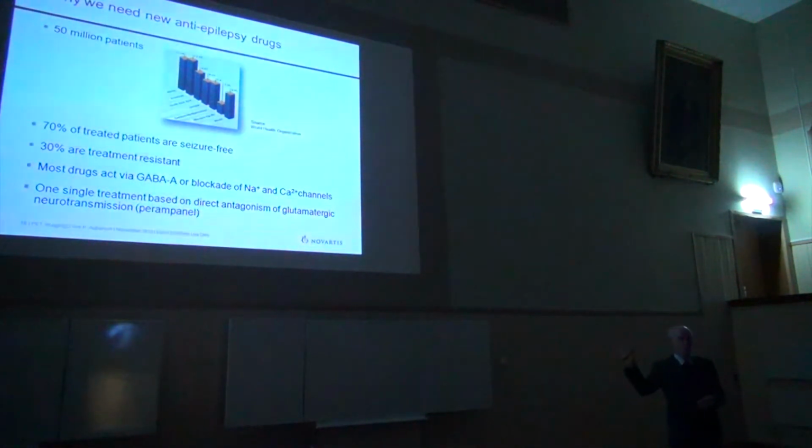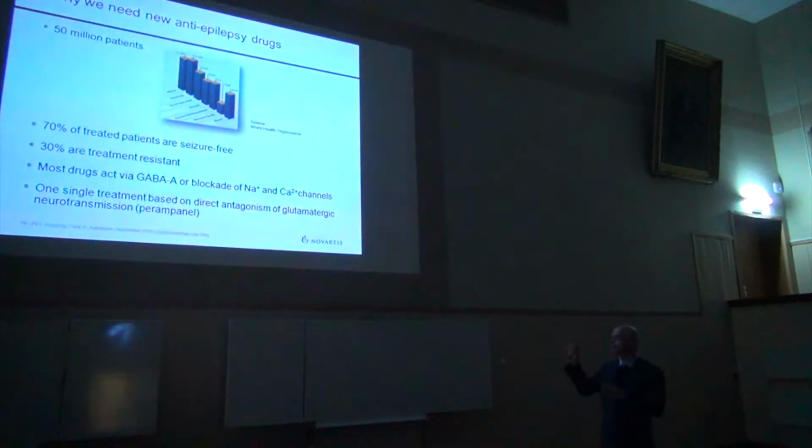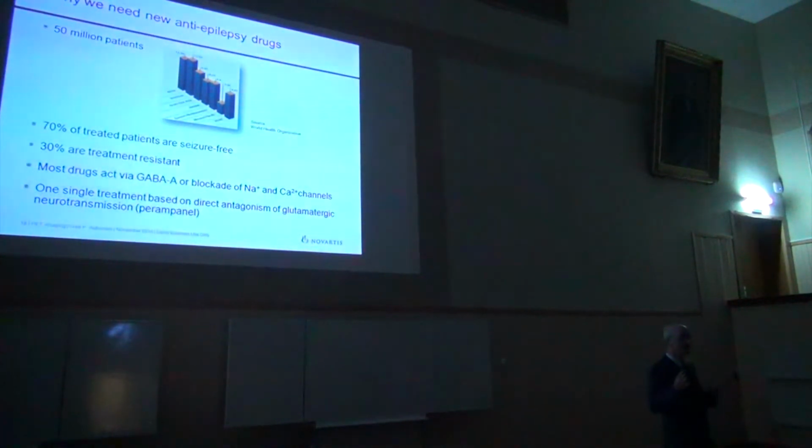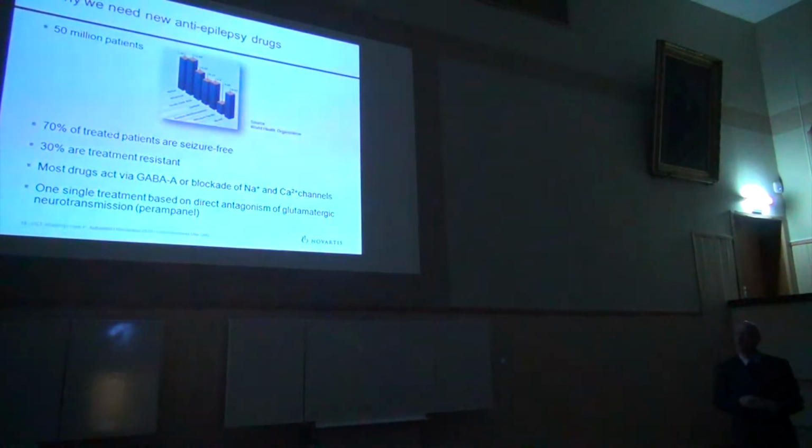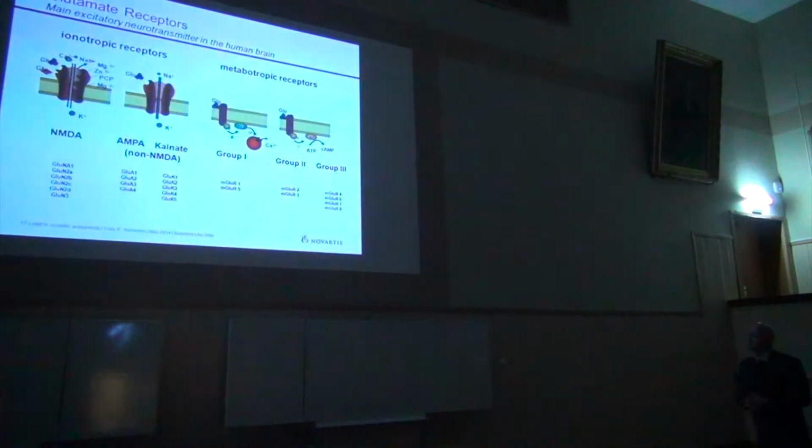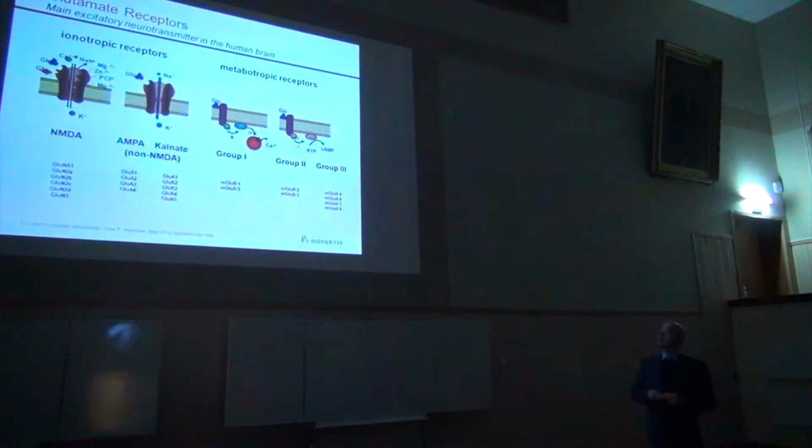A compound that has its problems. It's not fully effective and it has side effects, but it is the first one that is really acting via a very different mechanism of action. And why do I highlight this compound? Next slide, please.